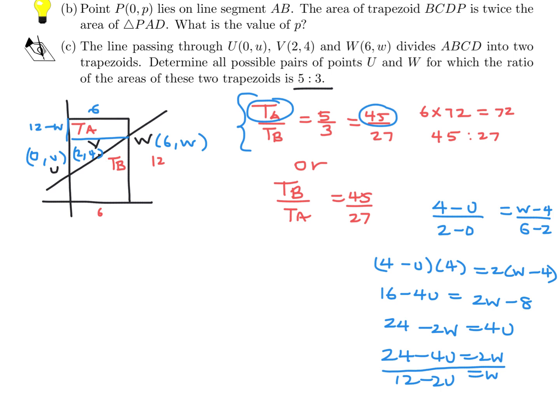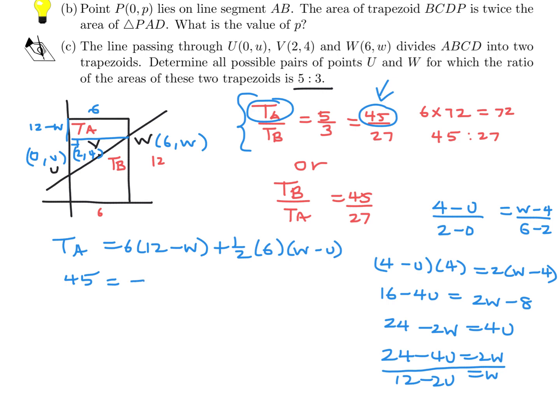And then this triangle I can do easily. So TA would be first 6 times 12 minus W, and then one half base times height for the triangle. The base is 6 and the height is W minus U. And then we are setting that to be 45.